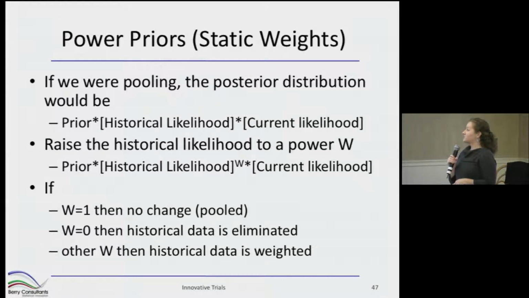What happens when we use a weight between 0 and 1 is that we're taking that historical likelihood and raising it to a power. If the weight is equal to 1, then this becomes equal to pooling. If the weight is equal to 0, then this historical likelihood goes away. And anytime we have a weight that's different from 0 or 1, that essentially just adds some kind of weight to the historical data.